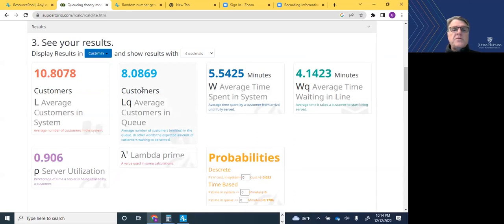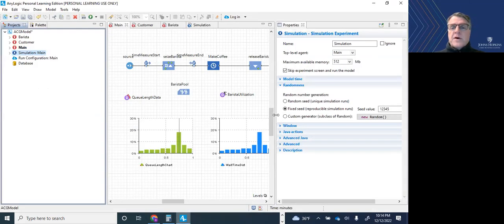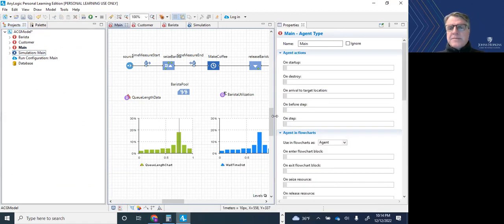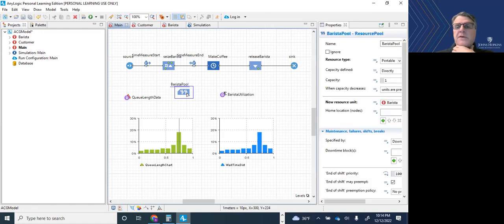And so what we're looking for now is, instead of 8.8 and 13.6, we've got 8 and 4.14. So the waiting time is going to drop significantly as a result of the pooling. That's the whole reason for going after pooling. So the question is, how can we modify our model to get there? First thing I'm going to do is give us 3 baristas.